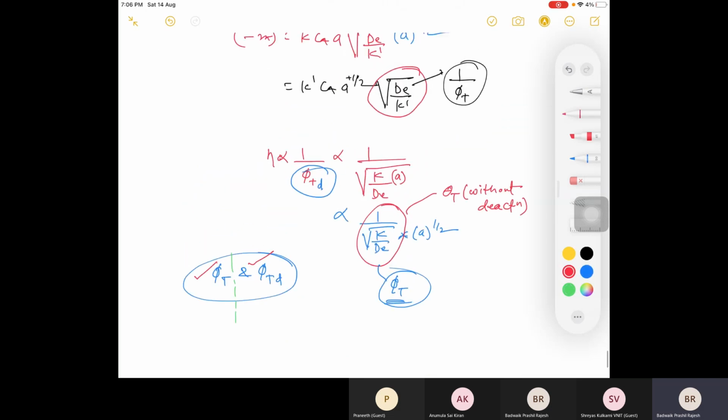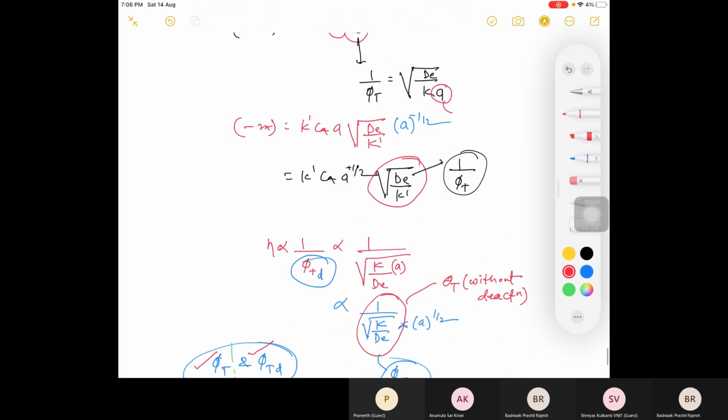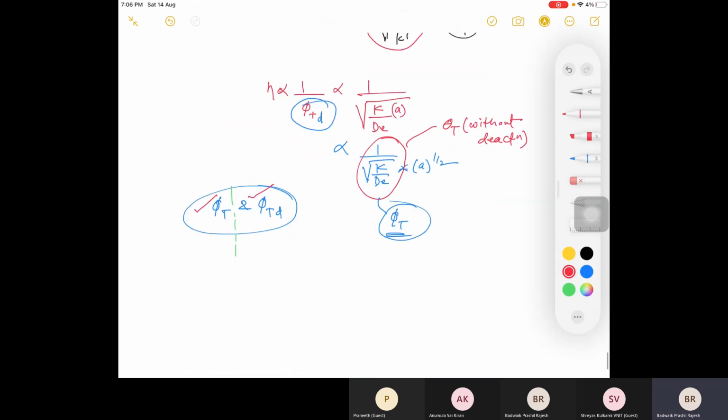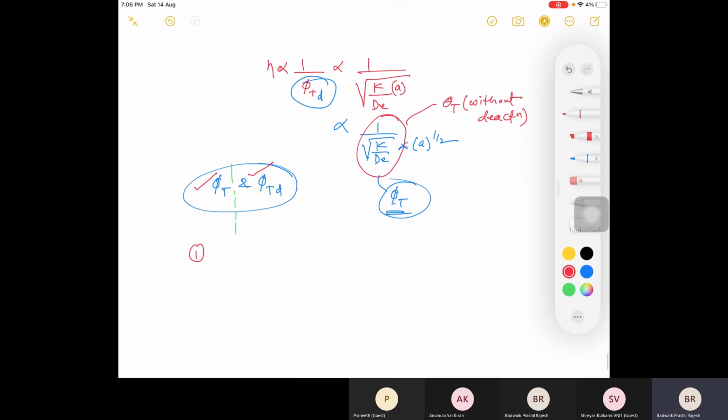Okay, so this was about writing this equation. Now, what will be my equation for PF and what will be my equation for MF? PF is what?